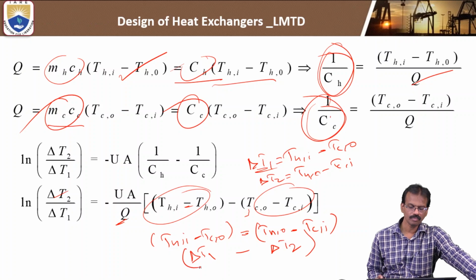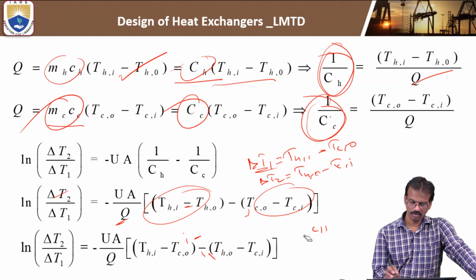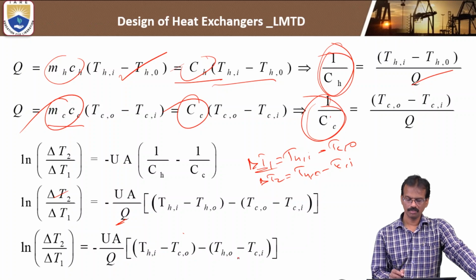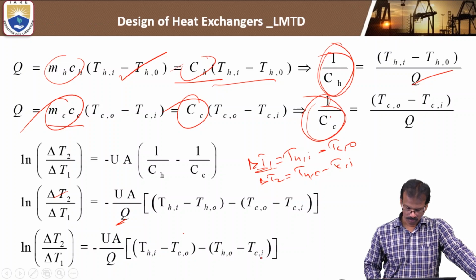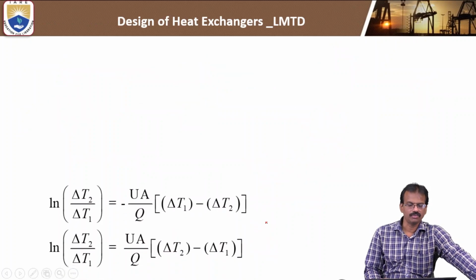We have just rearranged this: THi minus TCo minus of THo minus TCi. So this is delta T1, this is delta T2. The formula is like this one.